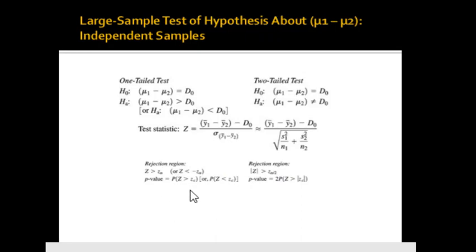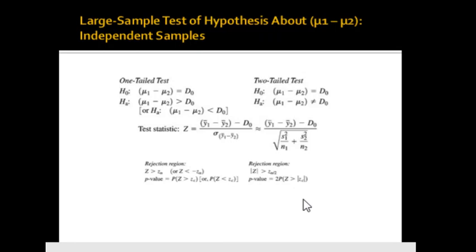The p-value, depending on the type of test, could use a greater than or less than sign. If it's a greater than test, the p-value will be the probability of z greater than z calculated. If it's a less than test, it will be the probability of z less than z calculated. If it's a two-sided test, the p-value is 2 times the probability of z greater than the absolute value of z calculated.